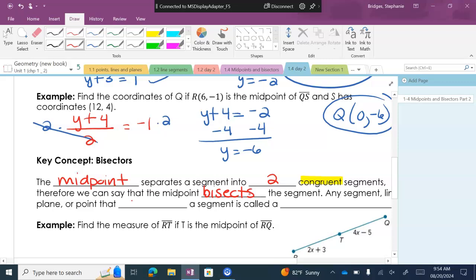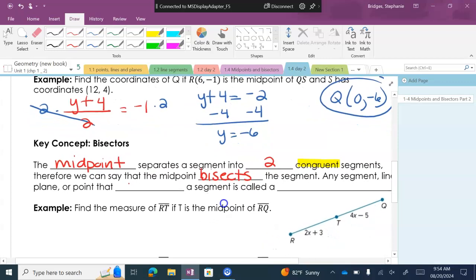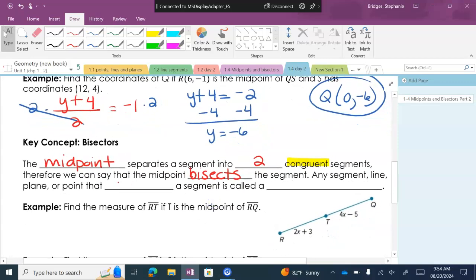Any segment, line, plane, or point that bisects a segment is what we call a segment bisector. Okay, you need to know that word, because if I say that point A is a segment bisector, you need to know that that cuts that segment into 2 equal parts.